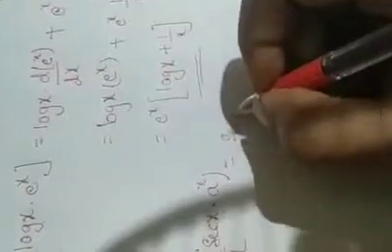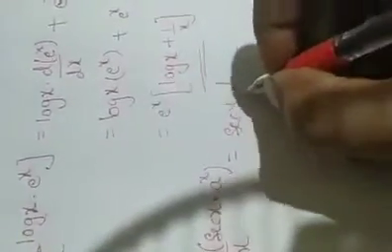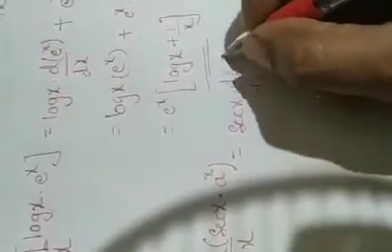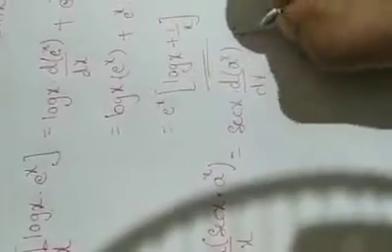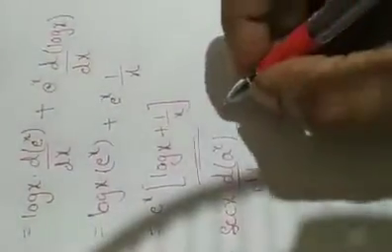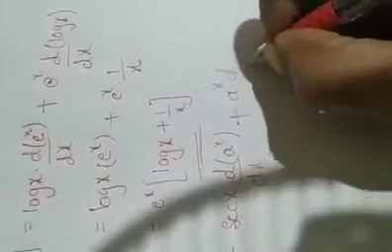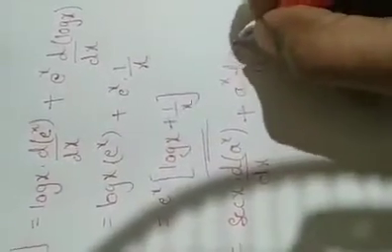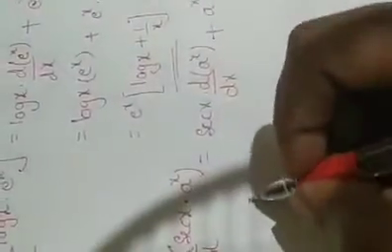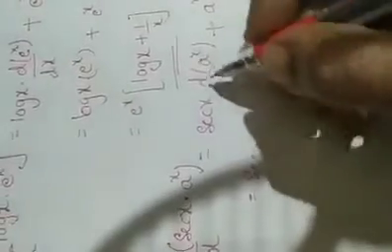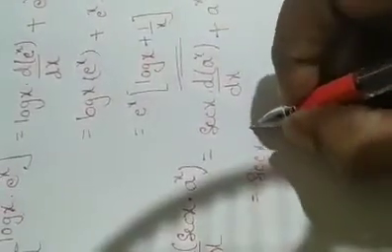Keep the secant x as it is. Find the derivative of a raised to x, plus, keep the a raised to x as it is and find the derivative of secant x. Secant x into, what is the a raised to x derivative? You check out the formula.